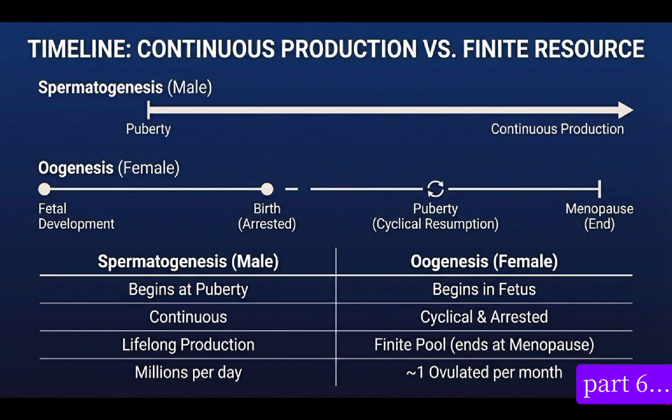Let's keep on contradicting. So what is the difference between oogenesis and spermatogenesis? The first thing you have to take note of is that spermatogenesis continues throughout lifetime. Some people might only stop at 60 years old, or at 60 it will reduce.